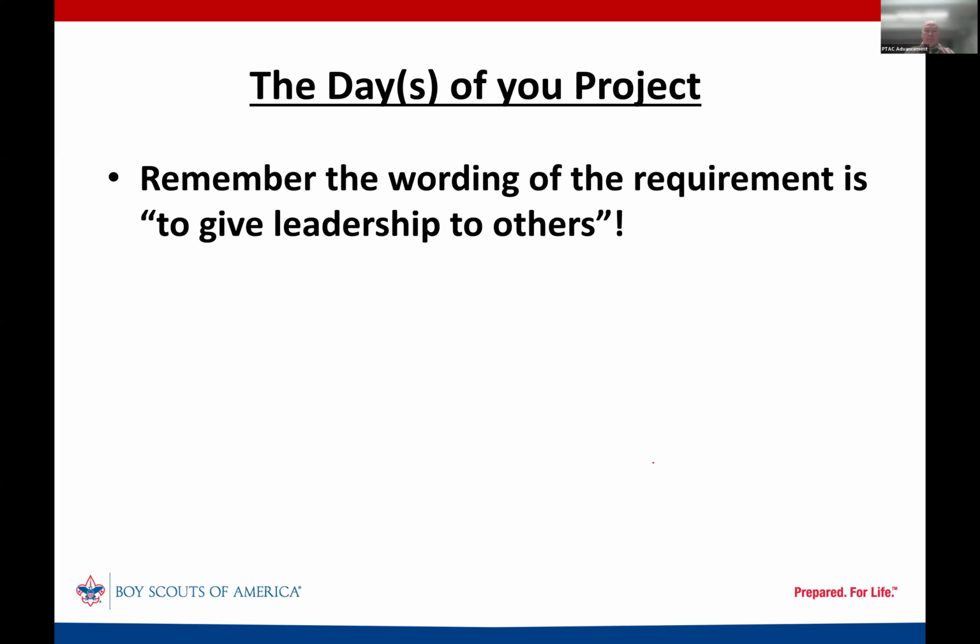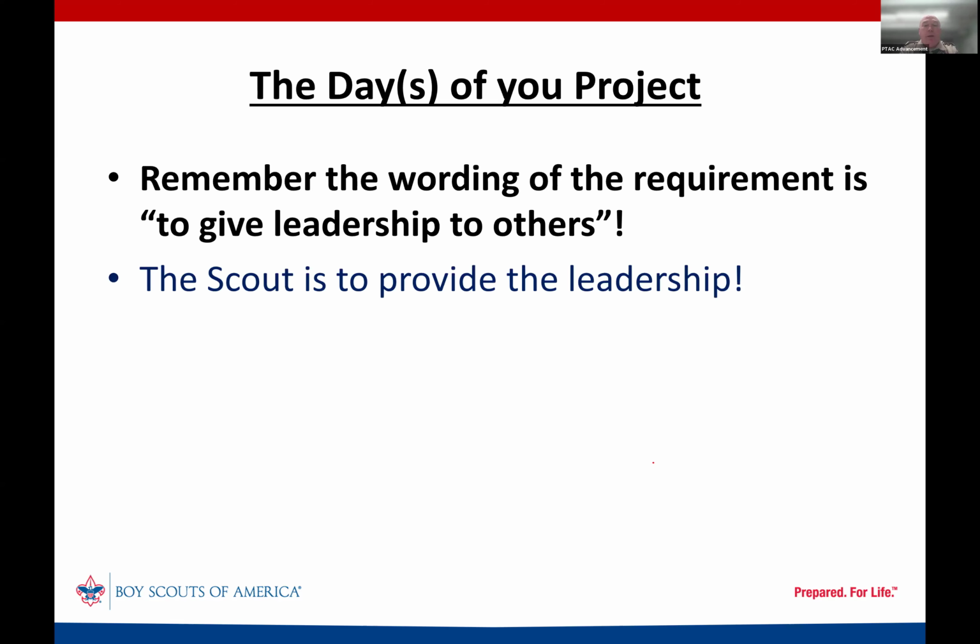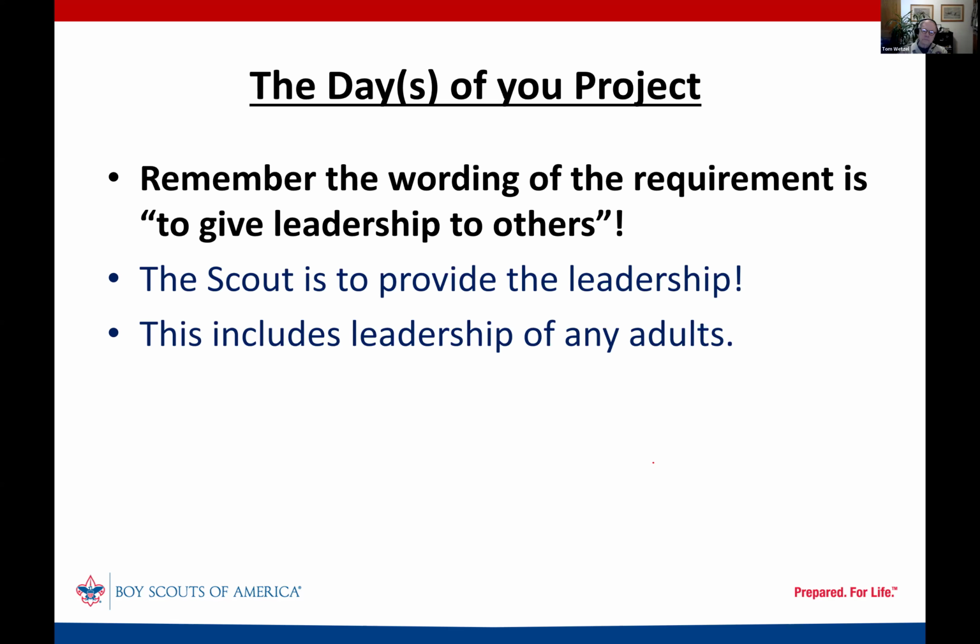Now, a couple other things we want to remember is that one of the requirements is to give leadership to others. So a big thing is that the scout, the Eagle candidate, is the one who needs to provide the leadership. This includes leadership of all the people working on the project, including any of the adults.